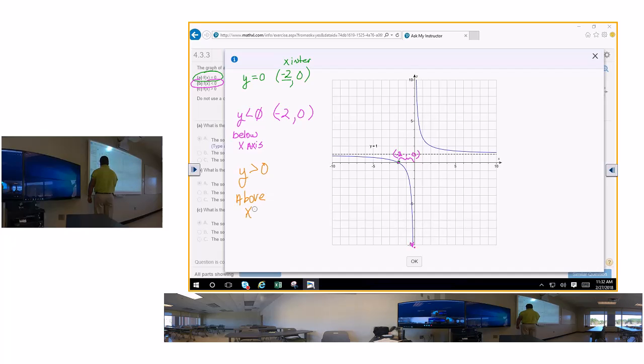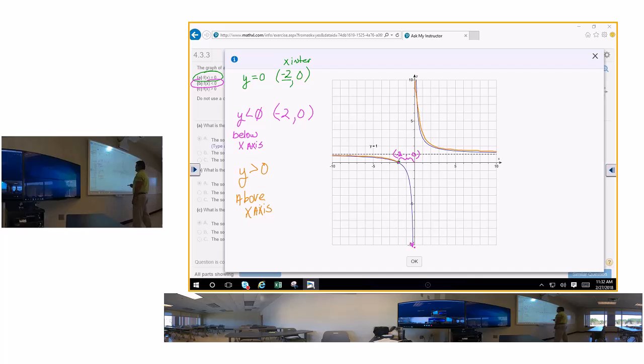Anyway, when is the function above the x-axis? It's above here, and it's above the x-axis here. And this is what I said in my first answer.